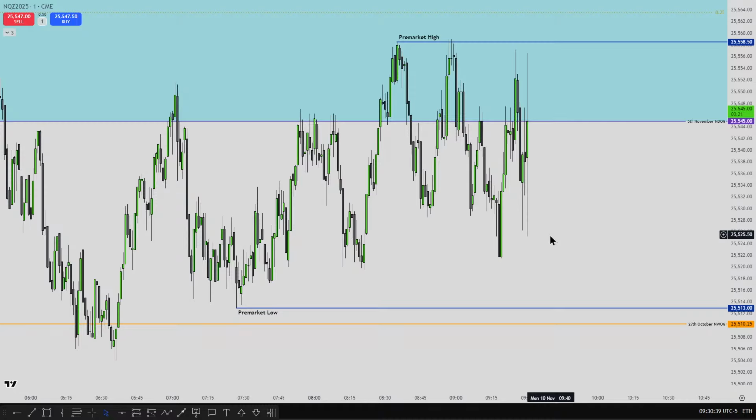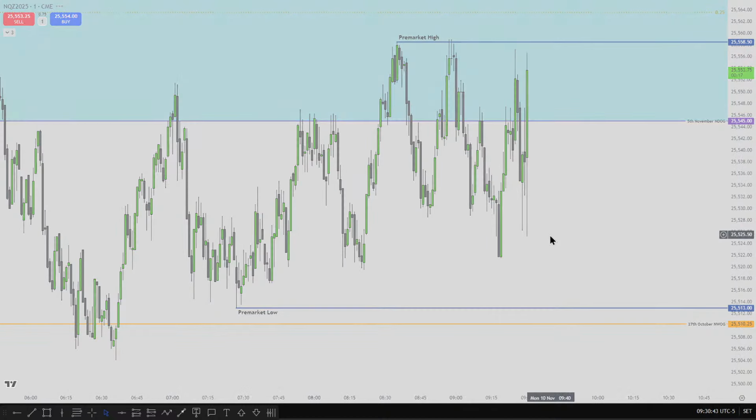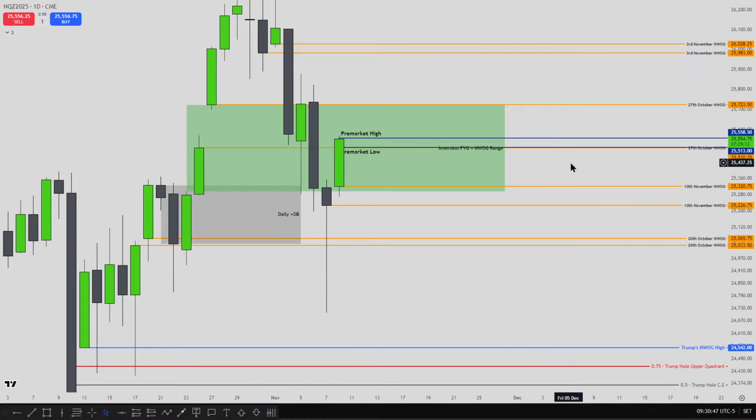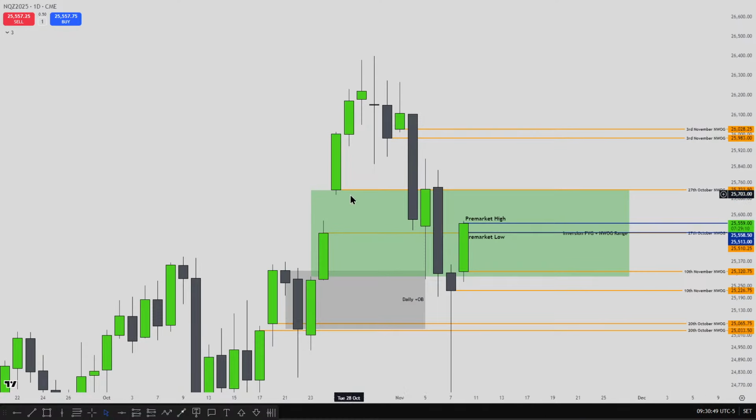As you told, we are at the same level as daily order block and an end log. 27th of October's new week opening gap, plus the new day opening gap from the 5th of November. This high to this, or this closing price to this opening price, which is the bearish order block.